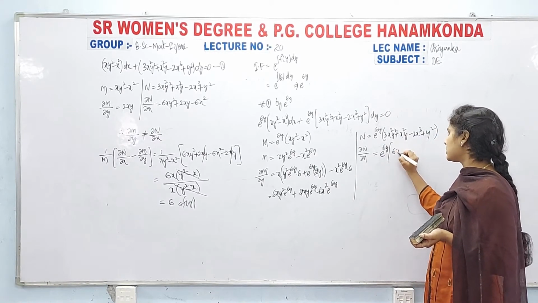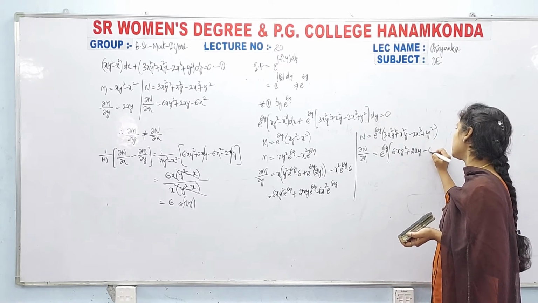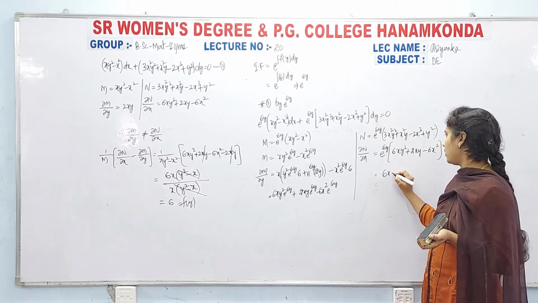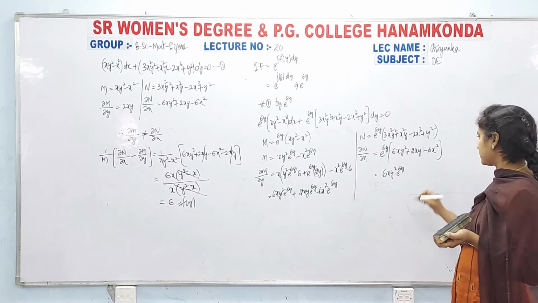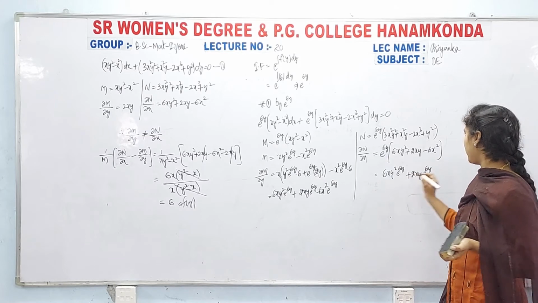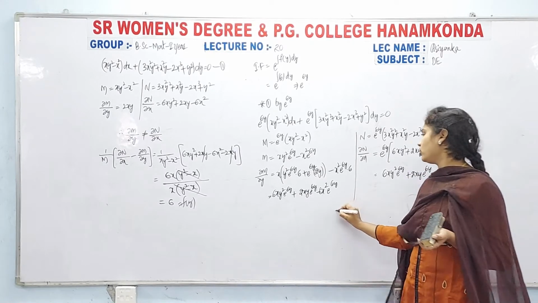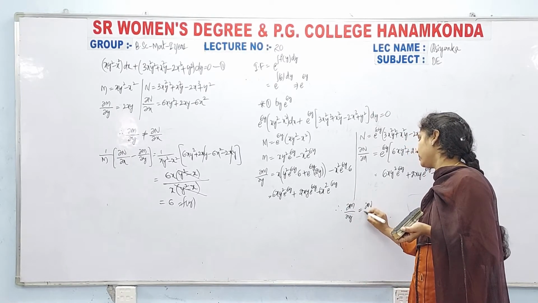So 6xy square plus 2xy minus 6x square, then 6xy square into e power 6y plus 2xy e power 6y minus 6x square e power 6y. So, here both values are equal, therefore, dou M by dou y is equal to dou N by dou x.